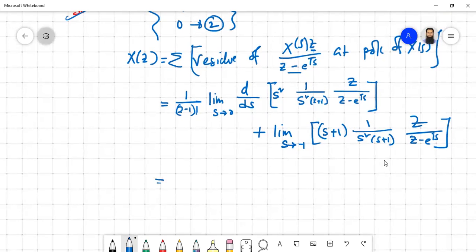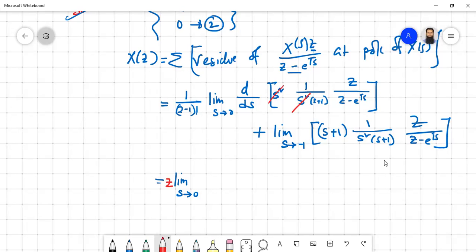So the first one, limit s tends to 0. Factorial of 1 is 1, so we don't have to bother about that one. We can also see that s square gets cancelled out. And z is a constant, so you can just keep the z in front without any trouble, because we are doing the differentiation with respect to s.